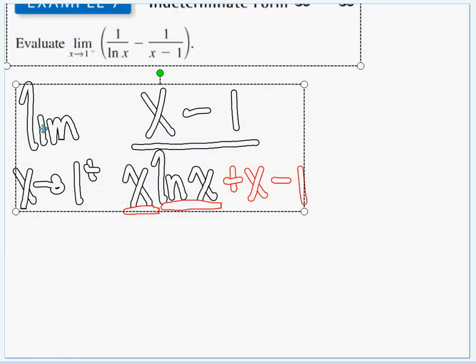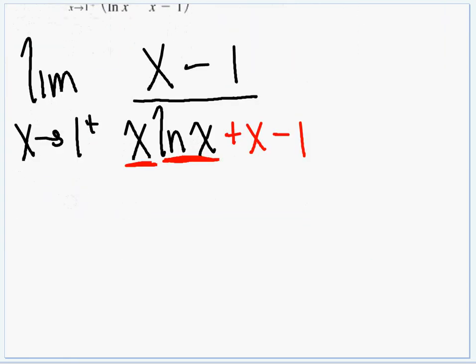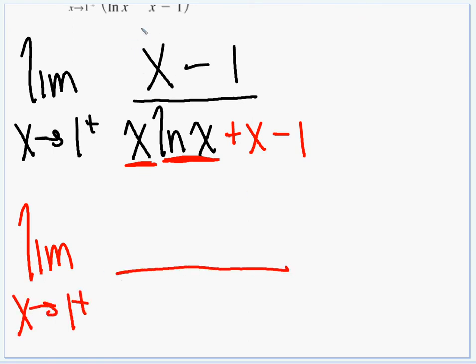All right, let me move this up. Keep my limit notation. Derive the numerator. This x is going to derive to a 1. The minus 1 is a constant. It derives away. Here, let me switch to blue ink for the product rule. We are going to product rule this.